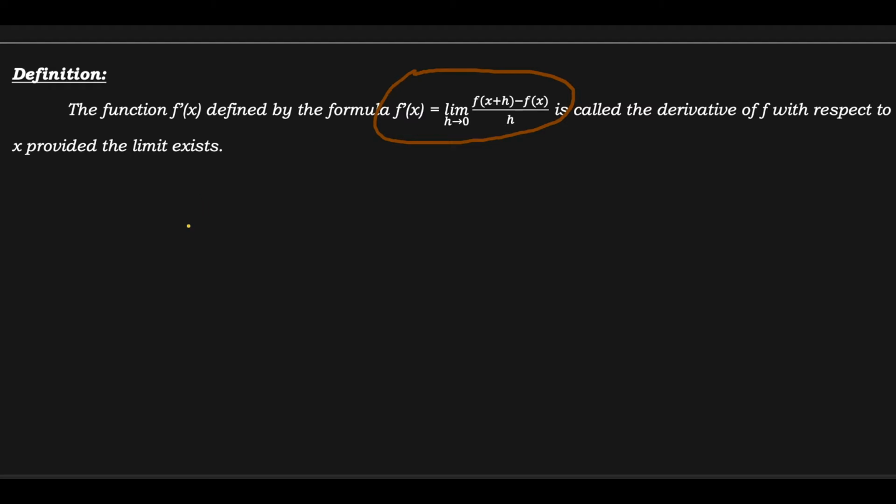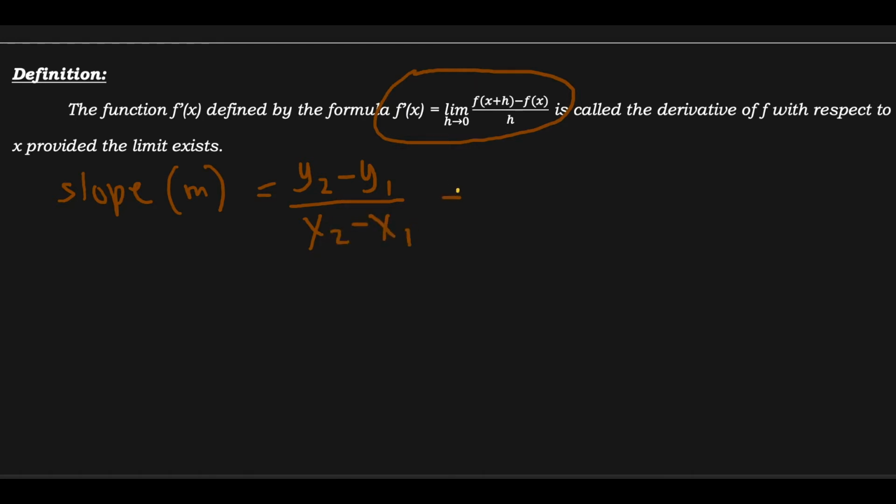Let me start first with your background in high school geometry, in which you are very familiar with the word slope. In geometry, you have been talking of the slope of the secant line, in which you can determine the slope of the line by 2 points. You have defined the slope in high school as y sub 2 minus y sub 1 over x sub 2 minus x sub 1.